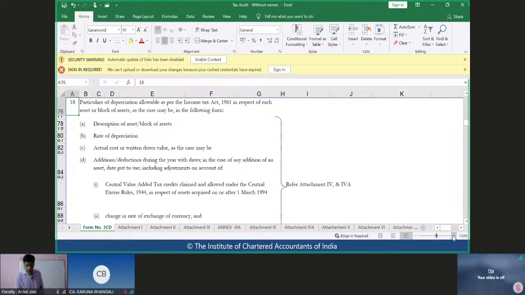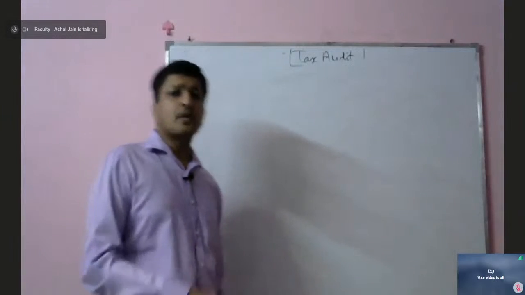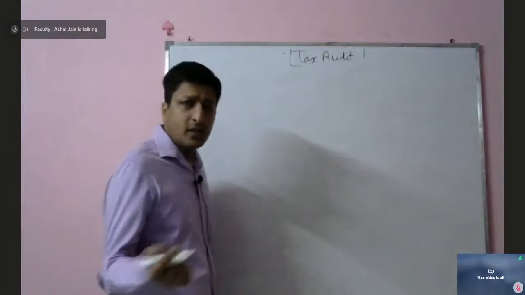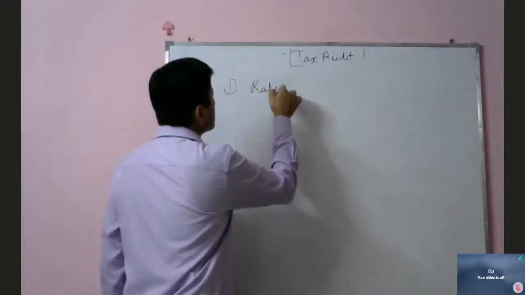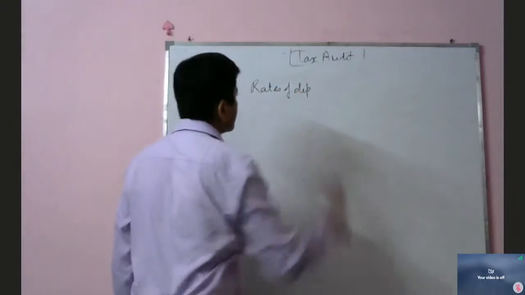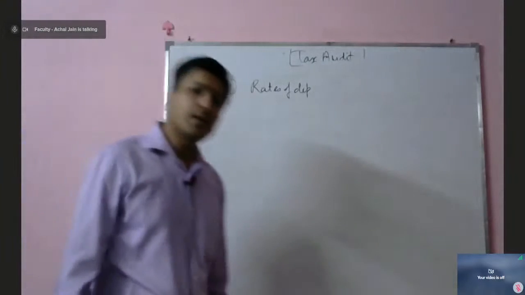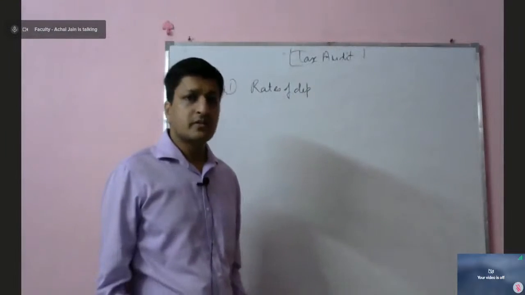Let's understand what can be the differences over here in terms of what the auditor would have audited in the case of financial statements and what are the requirements in the case of Form number 3CD. First, and I think a very common difference, is about rates of depreciation. If the rates of depreciation are changed, the entire computation of depreciation will have to be changed.